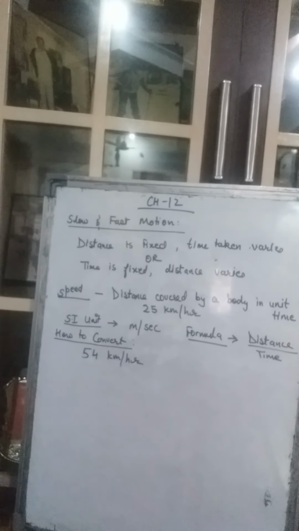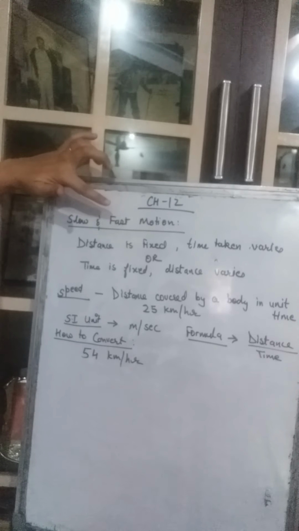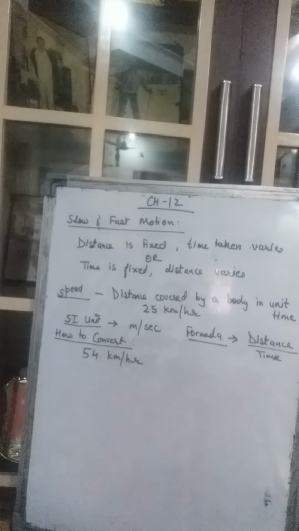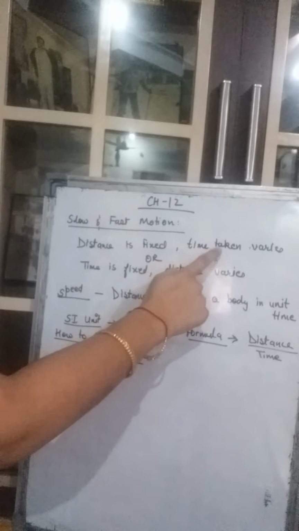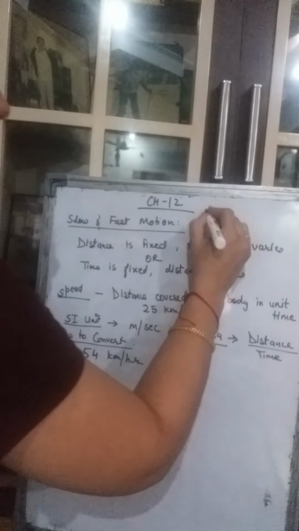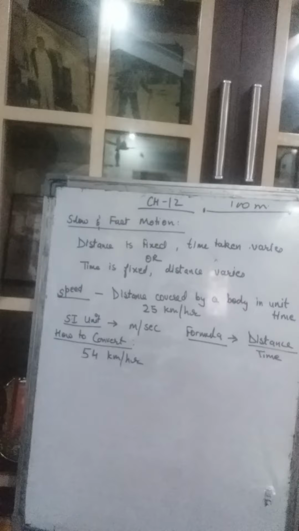So how do we say that a body is moving in slow motion or in fast motion? See, if we keep a fixed distance, let us say 100 meters, and there are two vehicles.